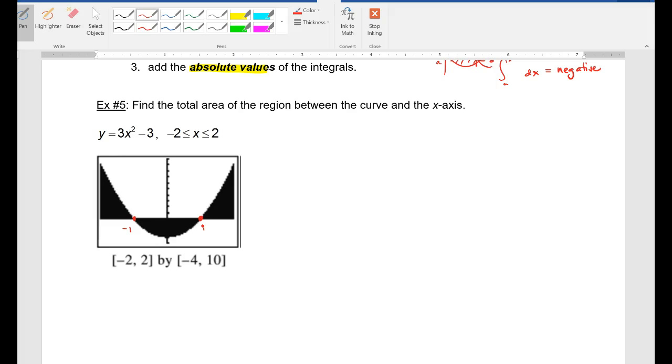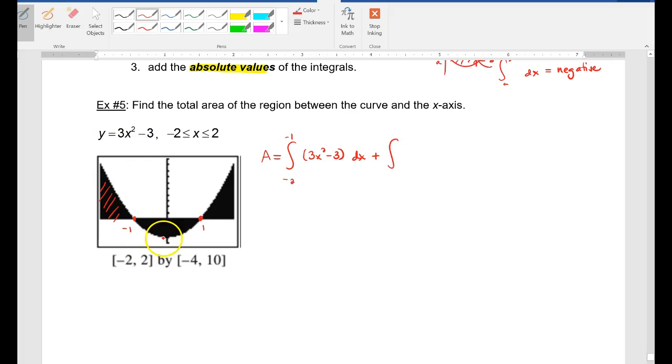So what we want to do is break it up into 3 different integrals. The total area will go from -2 to -1 of 3x squared minus 3 dx. I don't need absolute value around here because it's automatically going to be positive.